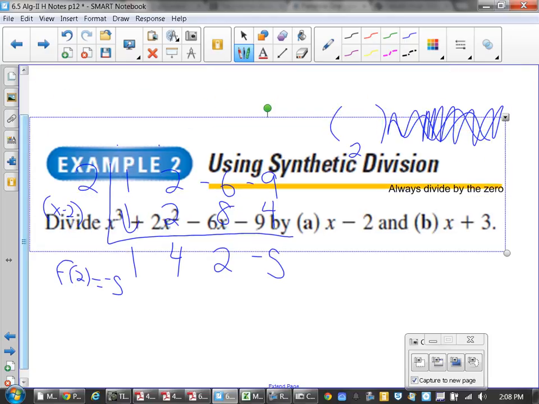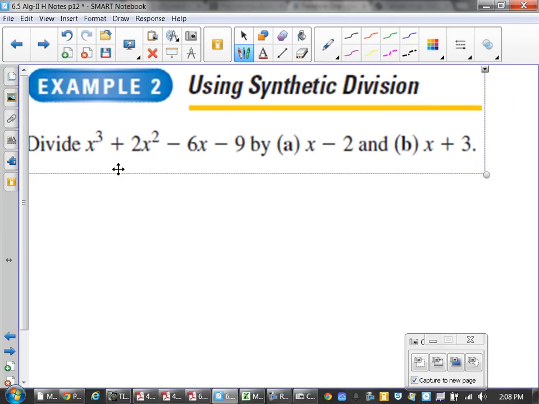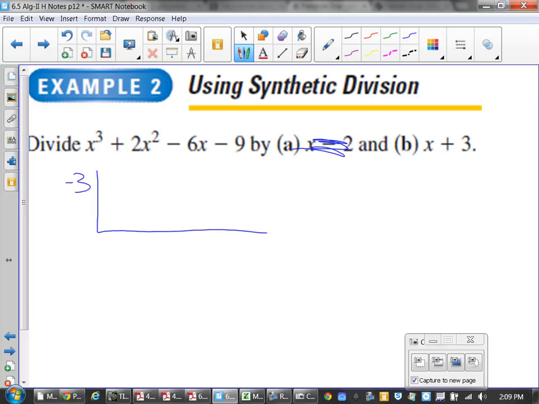Let me just put it on a separate sheet here to see you real quick. When I look at part B, if I'm going to do part B, my term is x plus 3. Therefore, what would be my 0? -3. -3, good. So let's divide by the -3. 1, 2, -6, -9.